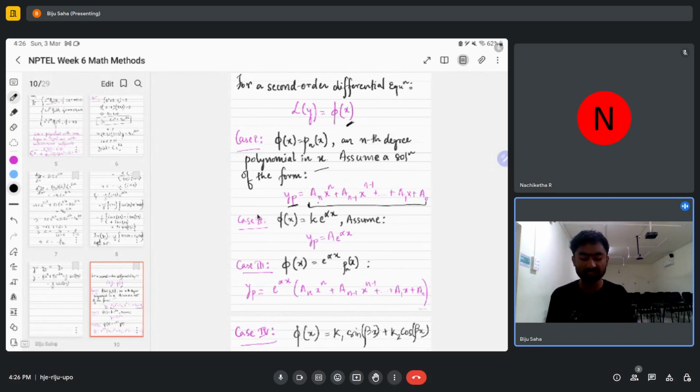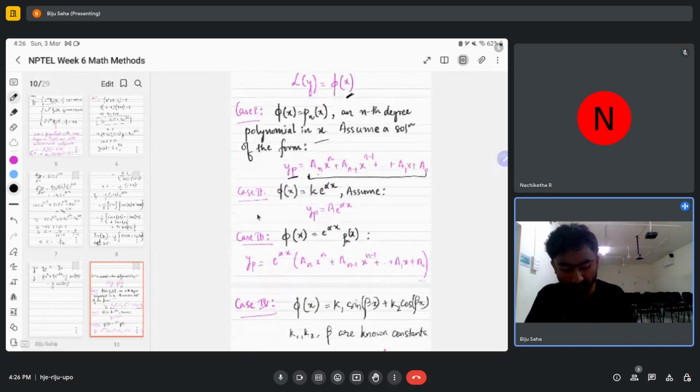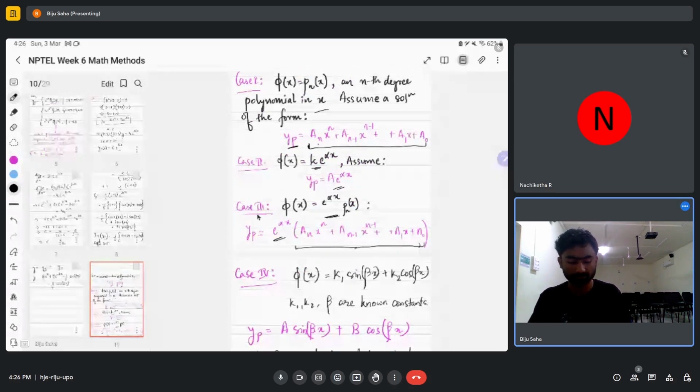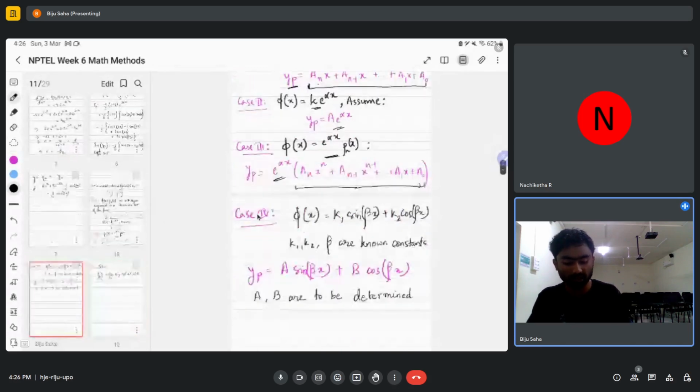The next case is the one that we already discussed, which has the exponential form e to the power alpha x. The next case is e to the power alpha x multiplied by some nth degree polynomial. Another case is when f(x) involves sine and cosine.